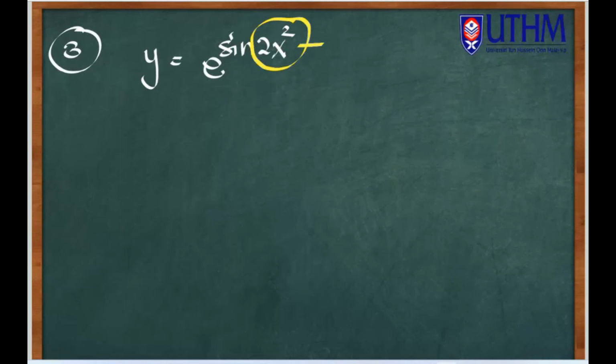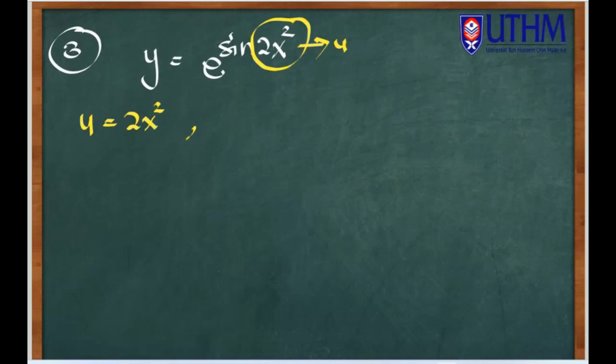Let's see the third example. If we are given a function of y equal to exponent sine 2x squared, this question is just a bit different. Because this time we have sine 2x squared, we will assume 2x squared as u. So now we have u equal to 2x squared.